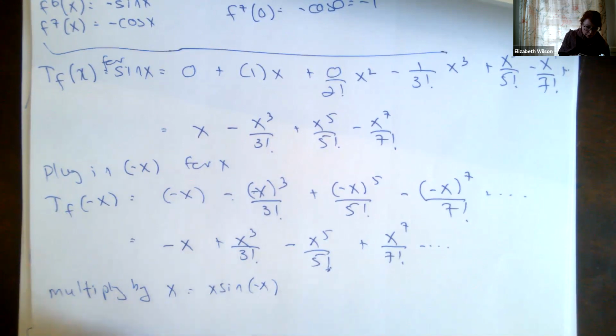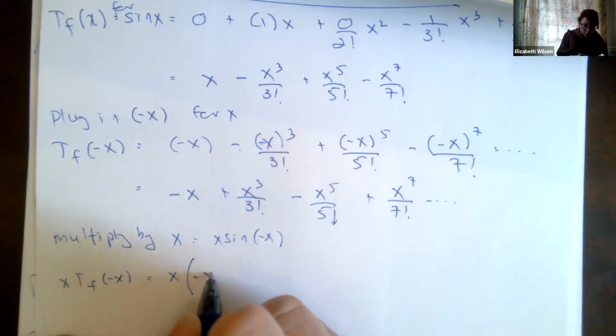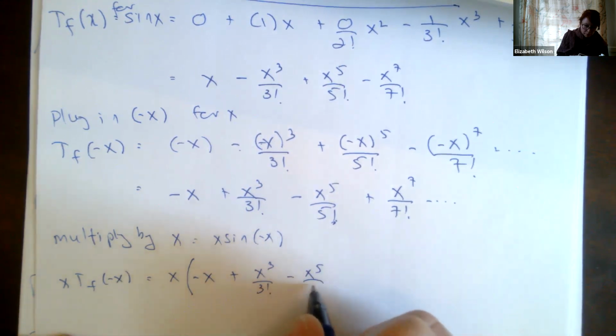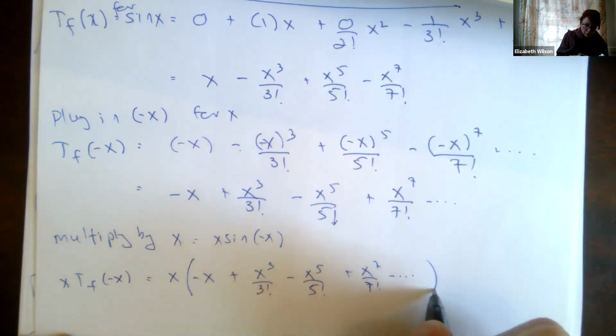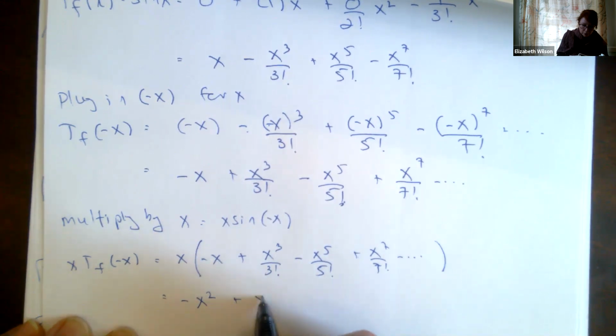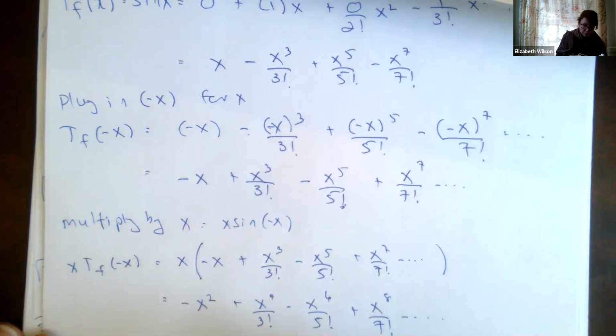So x times sine of minus x is going to equal x times minus x plus... so it's going to look like minus x squared plus x to the 4th all over 3 factorial, minus x to the 6th all over 5 factorial, plus x to the 8th all over 7 factorial, minus and so on and so forth.